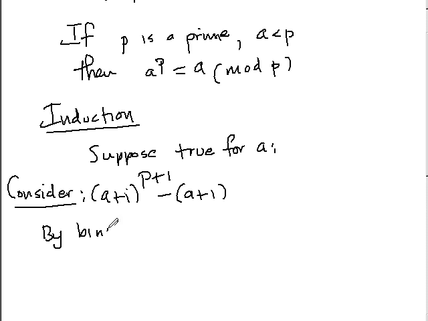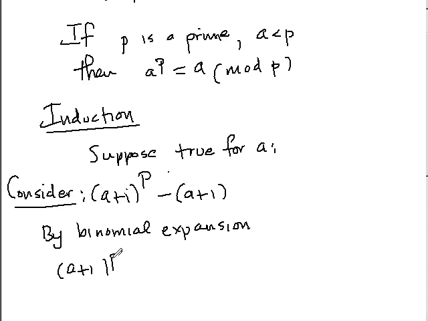And by the binomial theorem, or just the binomial expansion, I'm going to expand a plus 1 to this. Again, I don't want to put p plus 1, I just want to put p. Okay. So (a plus 1) to the p. I'm replacing a by a plus 1 in this statement here.